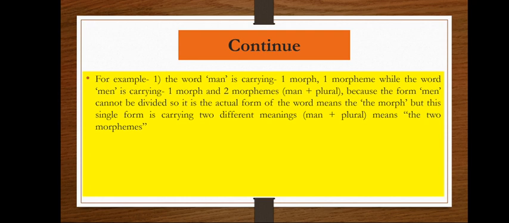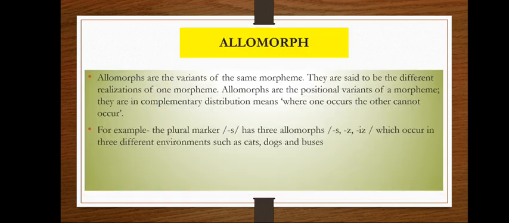So it has only one morph, while it has two morphemes. One is singular man and one is the plural of man. Because the form cannot be divided, it is the actual form of the word, meaning the morph. But this single form is carrying two different meanings: man plus plural means two morphemes.